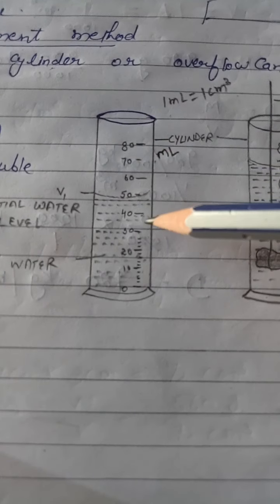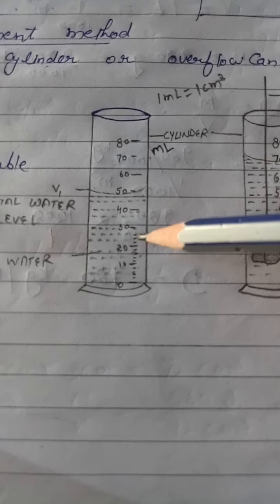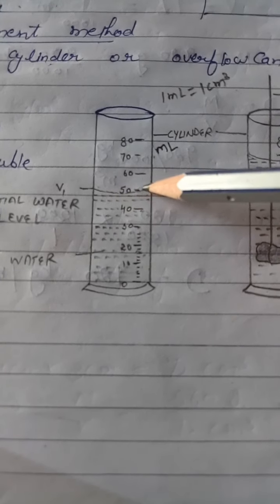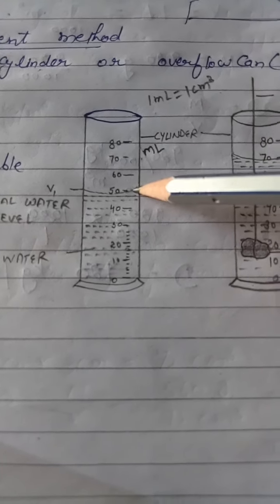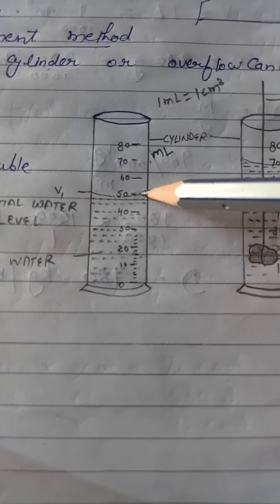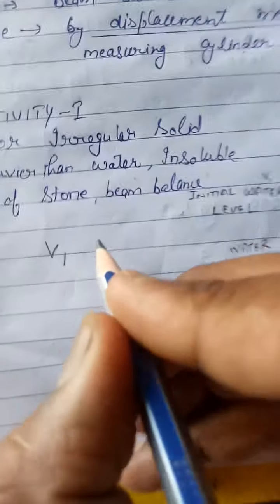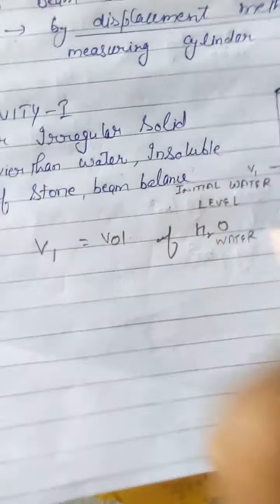Pour some water in this measuring cylinder. When the water level is steady, note the volume. Note this point, it is denoted with 50. This is V1, the volume of water. We will write it like that: V1, volume of water.